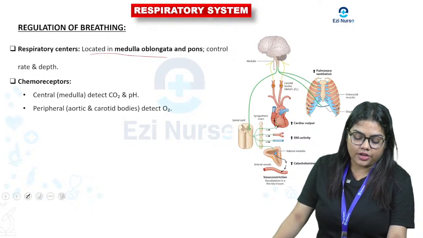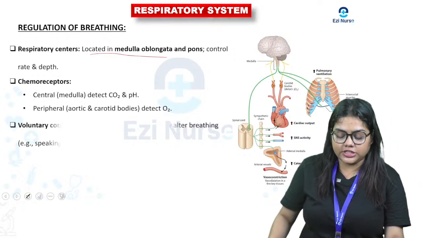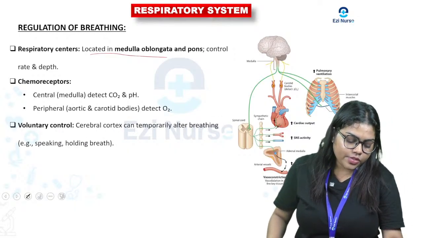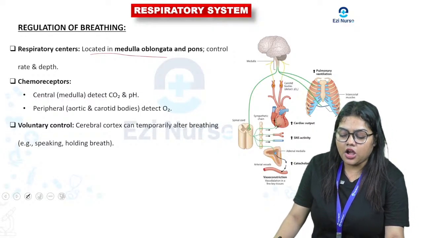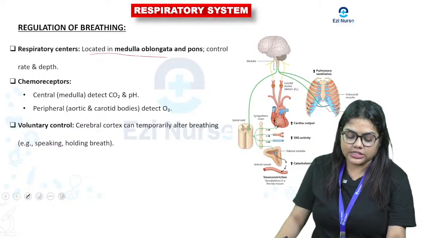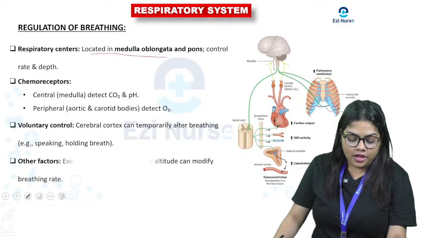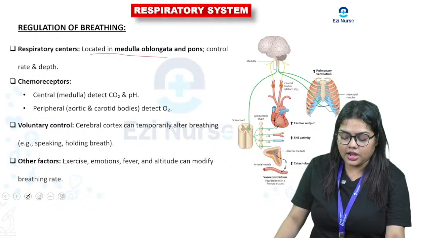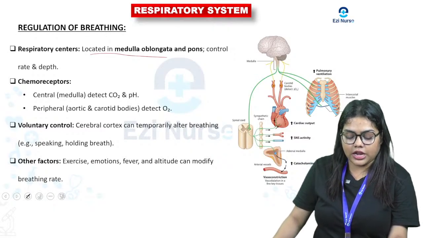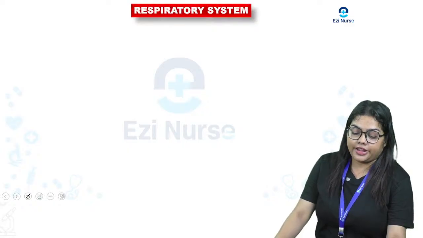Peripheral aortic and carotid bodies detect the oxygen level in the blood. Voluntary control through the cerebral cortex can temporarily alter breathing, like while speaking and holding the breath. Other factors like exercise, emotion, fever, and altitude can also modify the breathing rate.